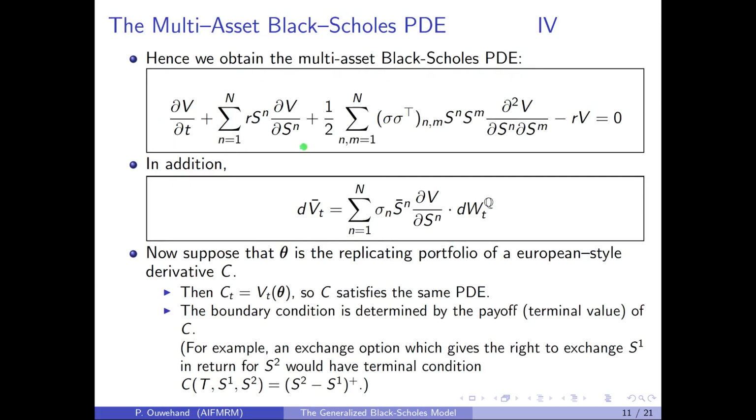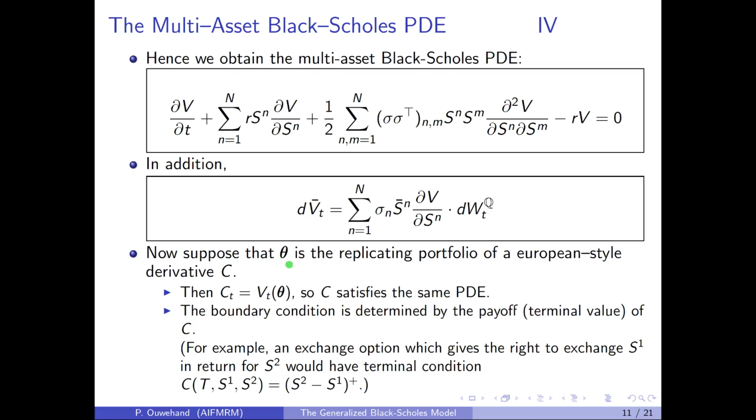This is just the drift of V bar, which is zero. In addition, we obtain the dynamics for the discounted value process, which is given as follows. Note that here we have the discounted asset prices, but that this expression here is just the partial derivative of the value process with respect to the asset price, no discounting.